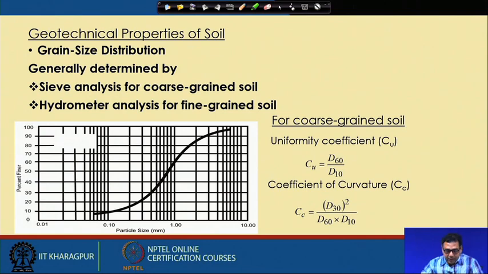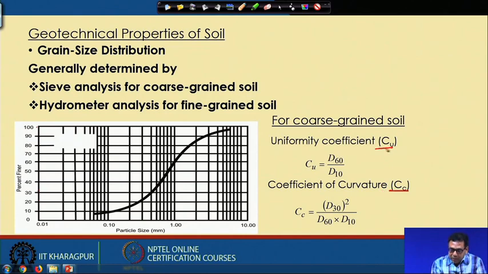Here we have different percent finers, 0, 10, 20, 30 up to 100, and from that we can determine a few coefficients. One is the uniformity coefficient Cu, another is the coefficient of curvature Cc. These Cu and Cc are important parameters required for coarse grain soil.